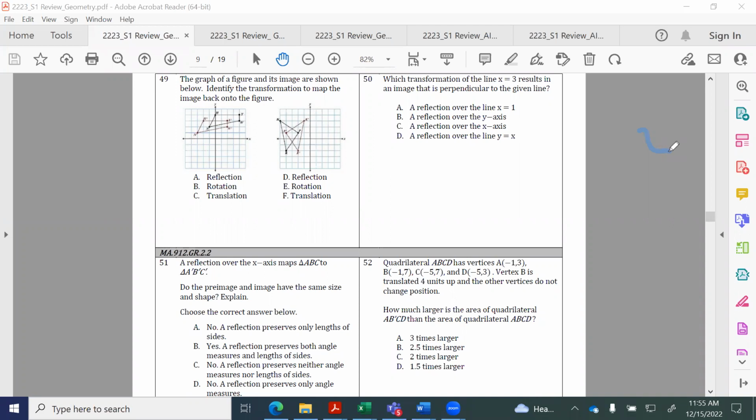Identify the transformation to map the image back onto the figure. So, on this one, what type of transformation is happening here? A translation, all right? On this one, what type of transformation is happening? A reflection. Good.